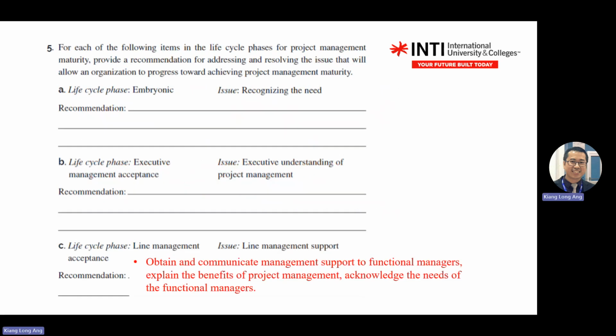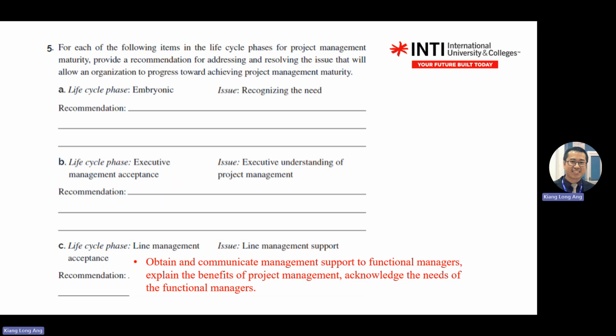Okay. Now, number 5, you have A until F. I think it's a long list. So this is the life cycle phases, and I keep mentioning, don't confuse with other life cycles. There are lots of phases in chapter 1 and chapter 2 and maybe chapter 3.